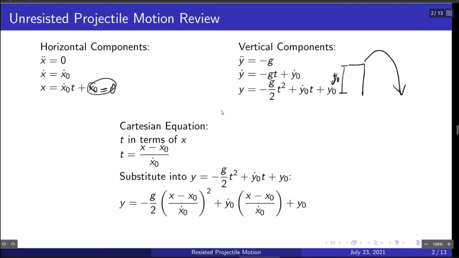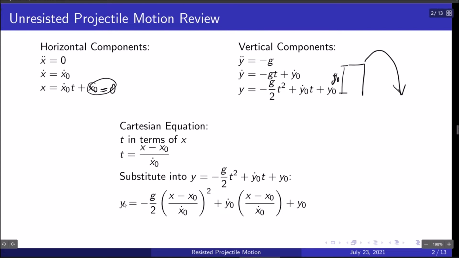Okay, to Cartesian equations. Because both equations are in terms of a parameter t, we can reshuffle and combine them into a single equation. So we express t in terms of x, and then we put it into the equation, and we end up with this expression here.